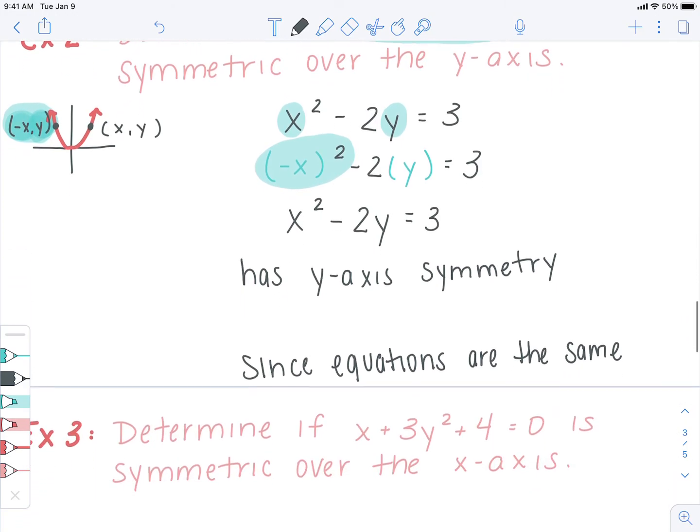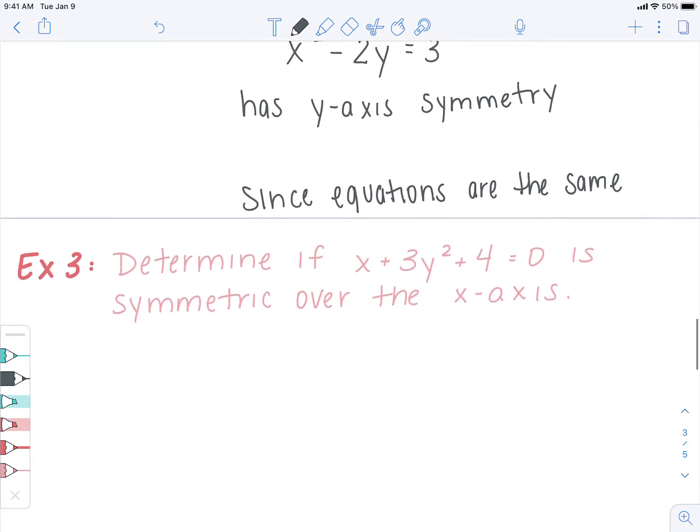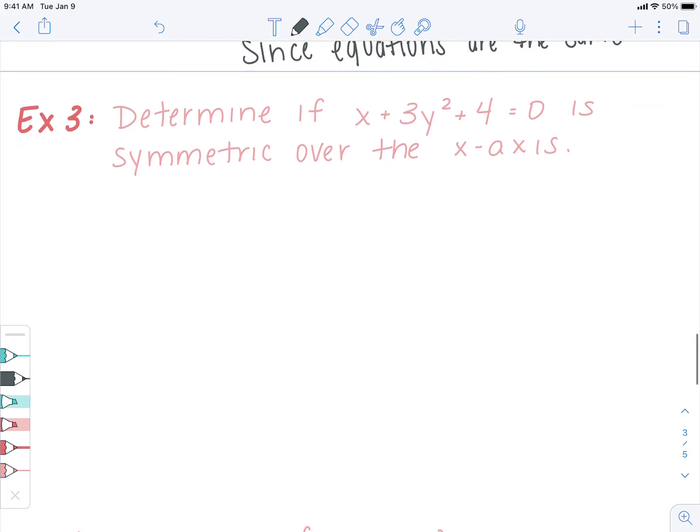If I gave you a different equation and asked you to decide, so if I give you x plus 3y squared plus 4 equals 0, and asked you to determine if it was symmetric over the x-axis, we're going to take the same steps, but we have to plug in the point combo that works for our x-axis. So when I'm looking at x-axis, I know that's like my sideways parabolas, right?